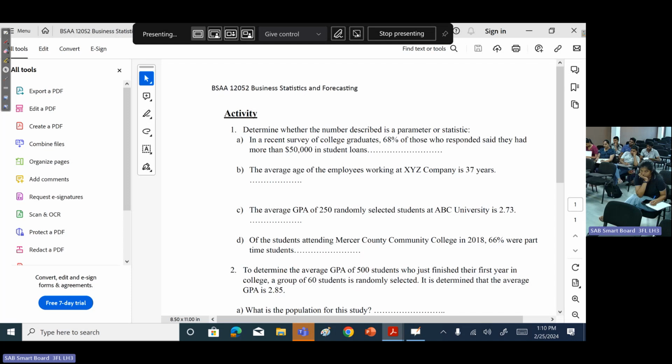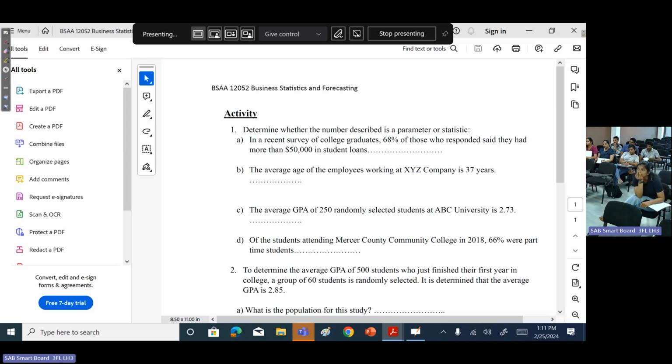Okay, then this one says no. In the recent survey of college graduates, the college graduates are the population. It's true. But 68% of those who responded say they had more than $50,000 in student loans. Okay, then the 68% of the students means part of the population, which we call the sample.